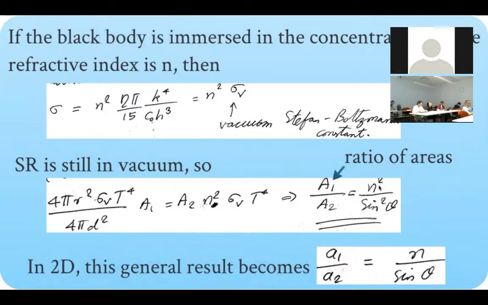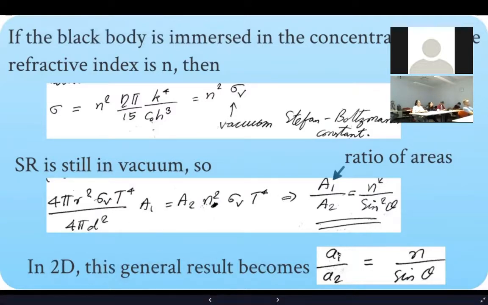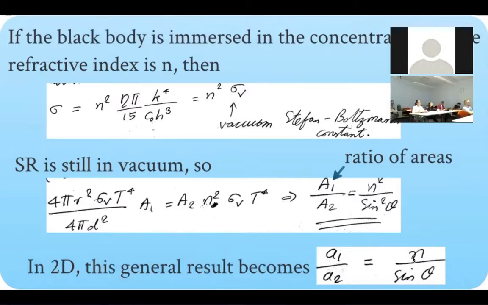The refractive index of silicon, for instance, is about 3, which means n squared is roughly 9, 3 squared. So you can increase the concentration factor by a factor of 9, which is a huge deal for the same acceptance angle. In 2D, we can prove this general result, essentially as you would expect: A1 over A2 is n over sine theta. So you get an advantage of an additional factor of n.